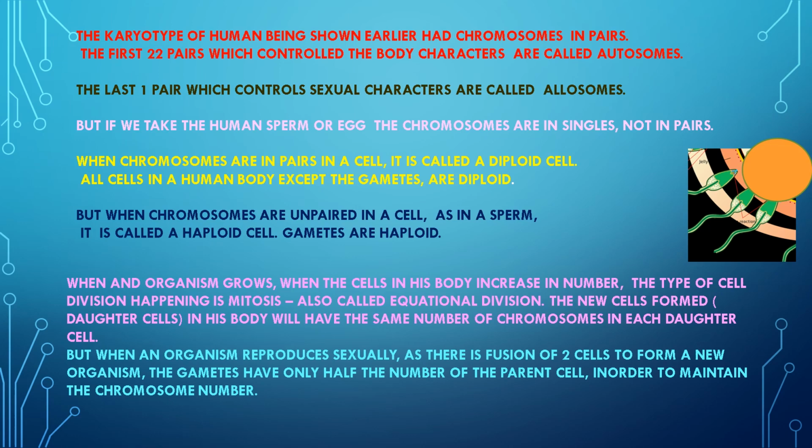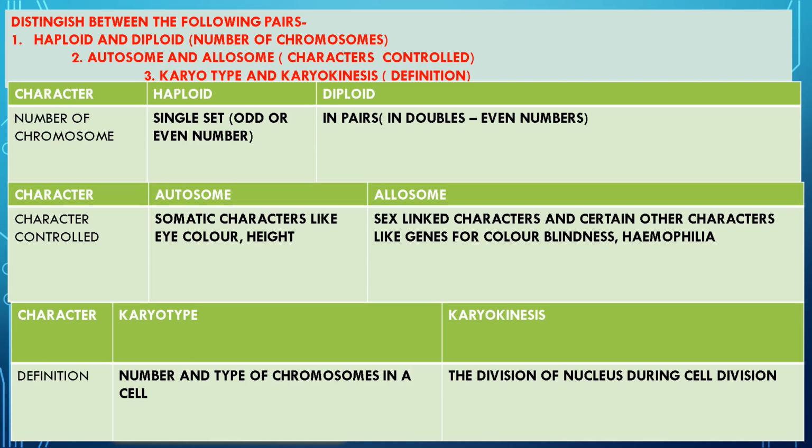Typical example, the cell of an ovary and testis is diploid. The cell of the gametes, that is the sperm and the egg, are haploid. Now, how does a haploid cell arise from a diploid organ? That is a question which will be answered when we learn about the different types of cell division. Let us now proceed to the question answer session.